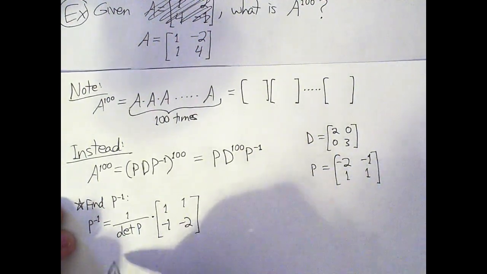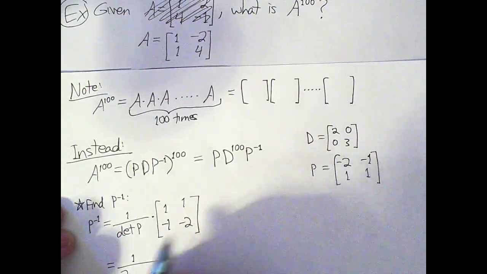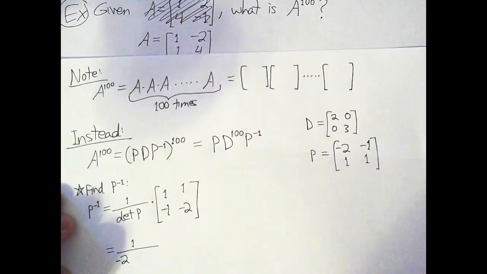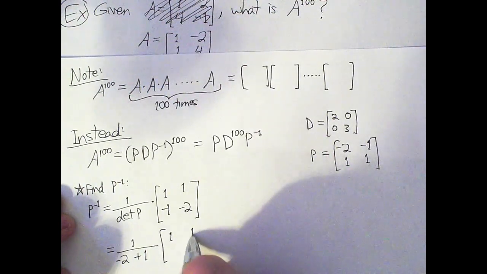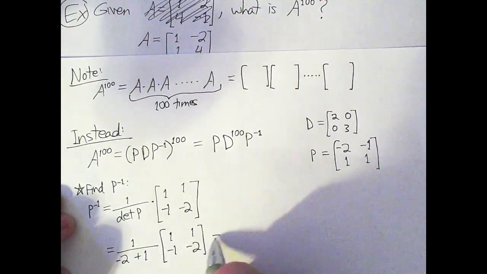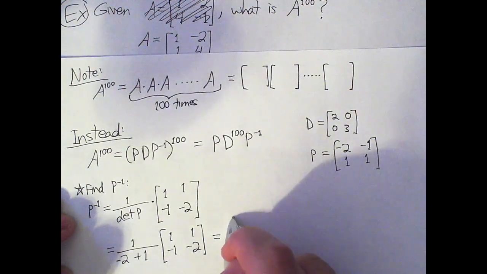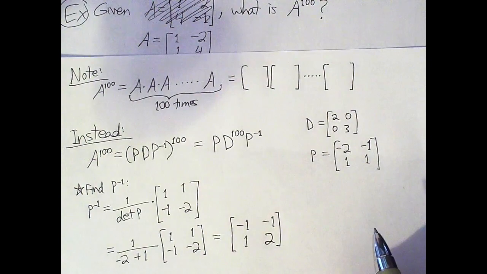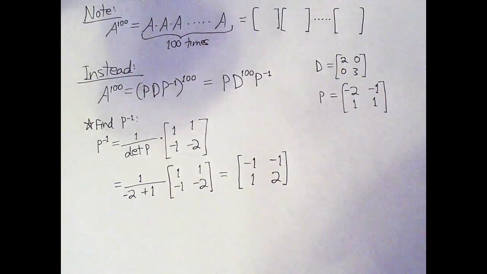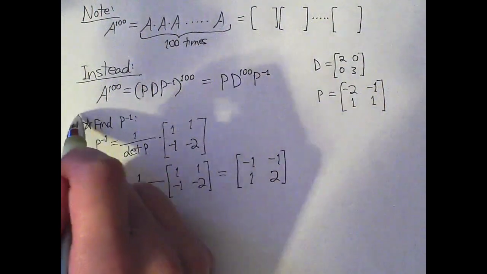So the determinant of P is going to be -2 minus -1, so we could just say +1. So I guess the determinant looks like it's -1. So when we write this out, we're going to get -1, -1, +1, +2.